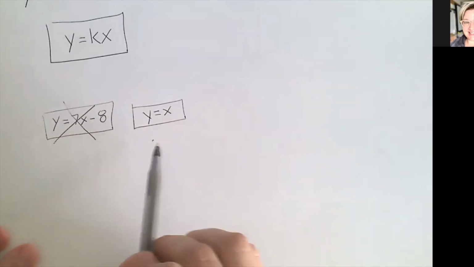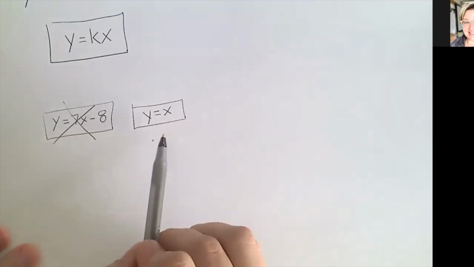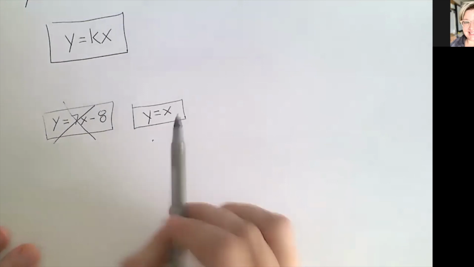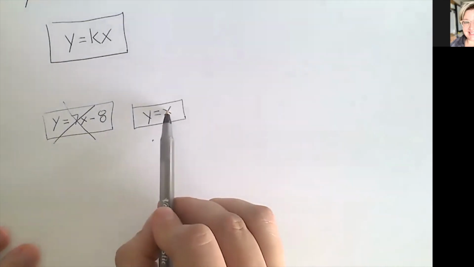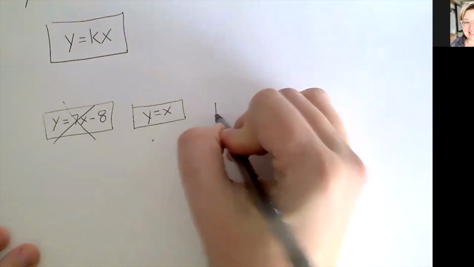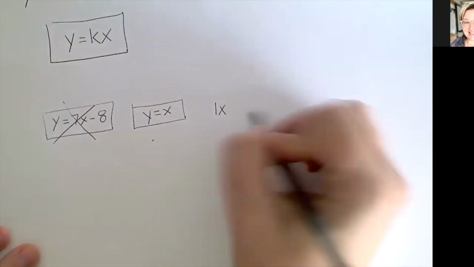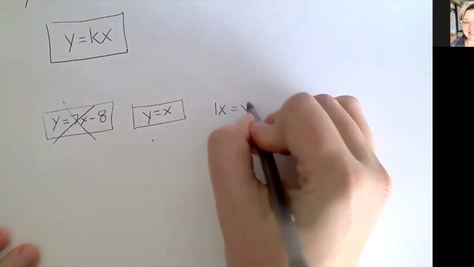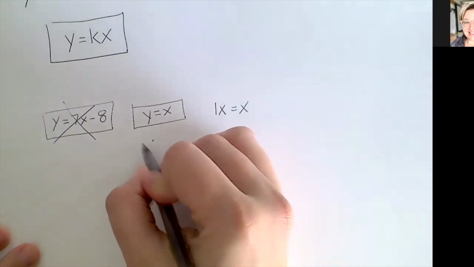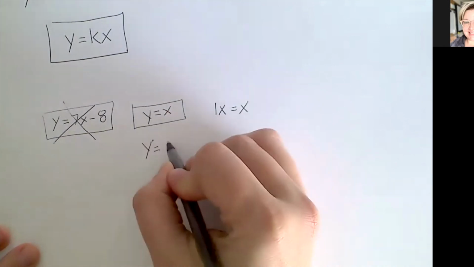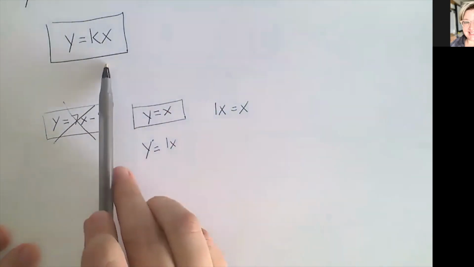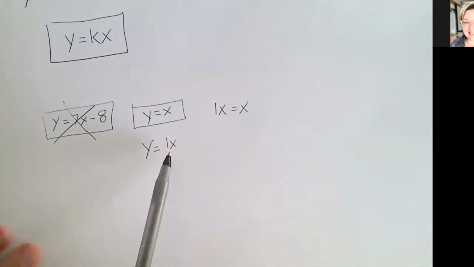This equation, y equals x, is written in this form, and that is because a variable on its own, like this x, always could have a 1 in front of it. So 1x is the same as x. They're both the same. So in that case, you could have written it y equals 1x, and then it would be in the format here. You can always assume there's a 1 in front of any number.